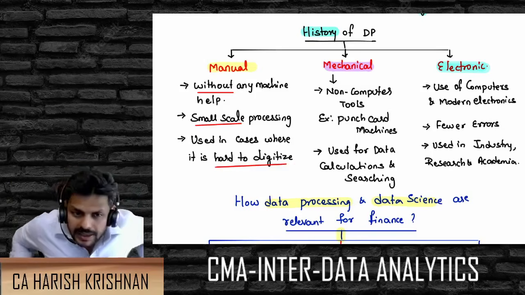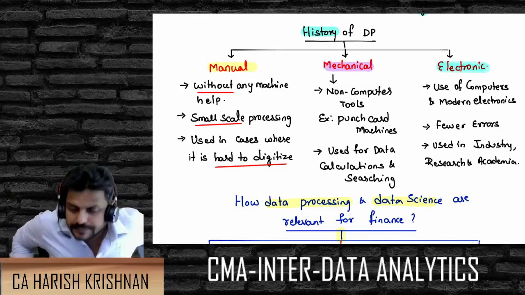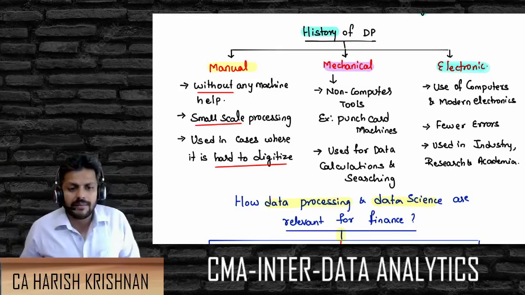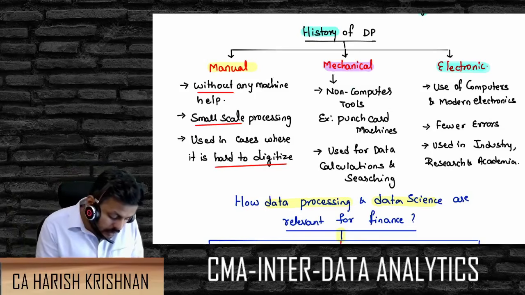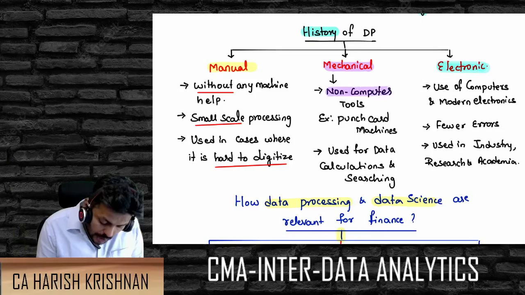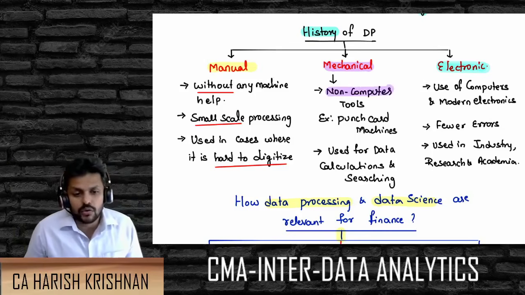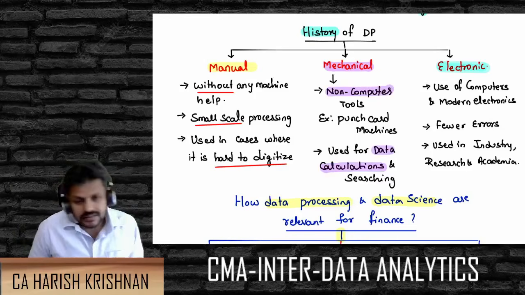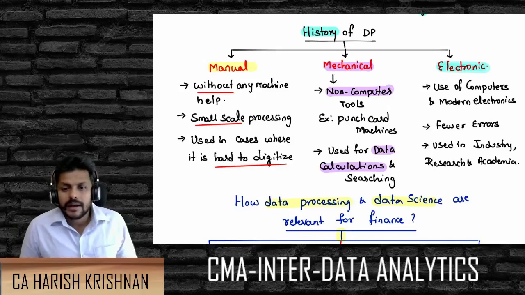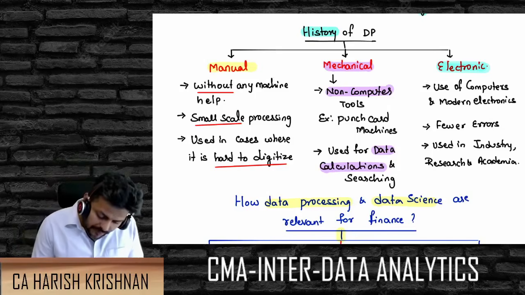How about mechanical? As I told you, they are not manual, at the same time they're not computers either. Then what are they? Non-computerized tools, like the use of punch card machines, which are used for data calculations and searching of the data. And the third sort of data processing technique is the use of computers in the modern era.